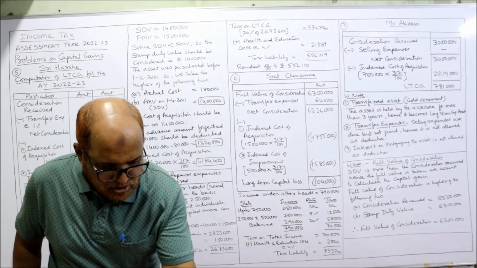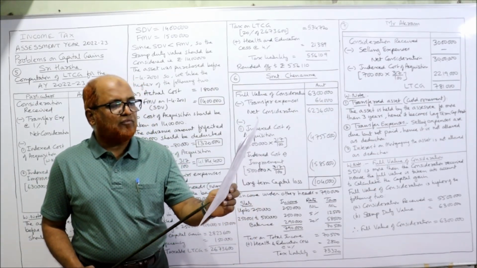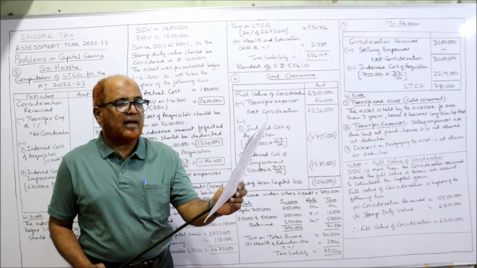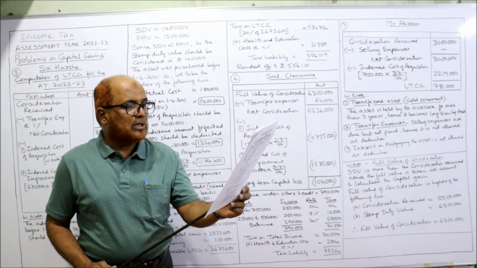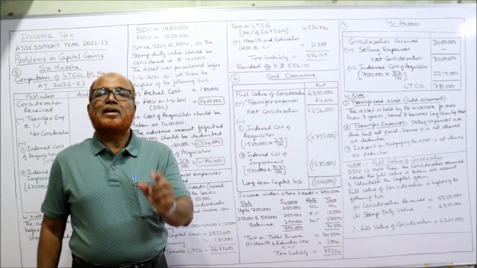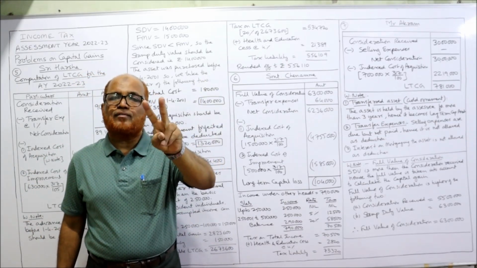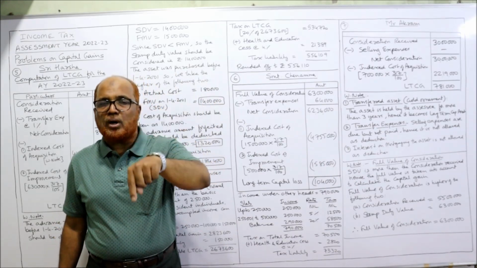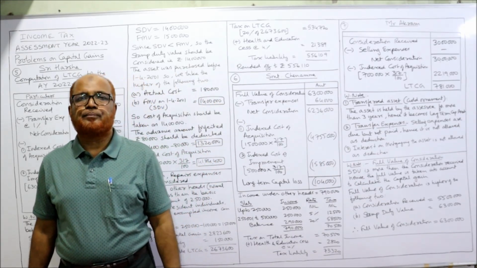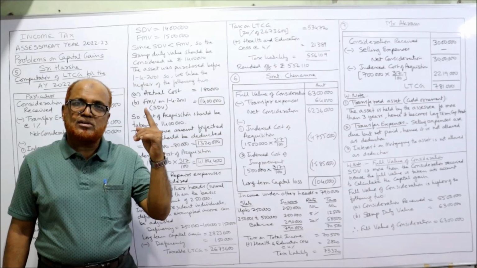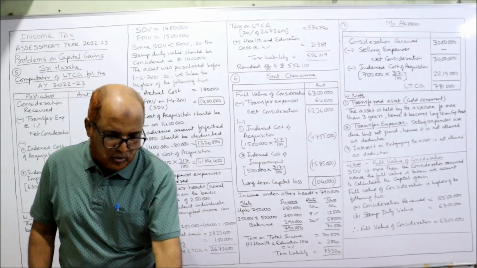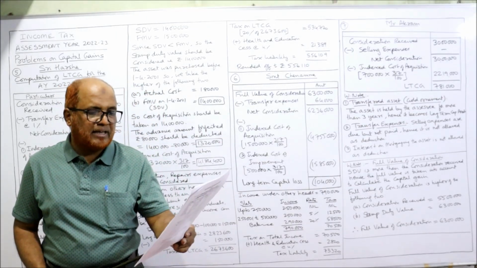So indexed cost of acquisition: at the time of purchase, he purchased the constructed building for 5 lakh. But FMV on 1/4/2001 is 15 lakh. When an asset is purchased before 1/4/2001, the assessee can choose higher of the following two: actual cost or FMV on 1/4/2001. So actual cost was 5 lakh. FMV on 1/4/2001 is 15 lakh.